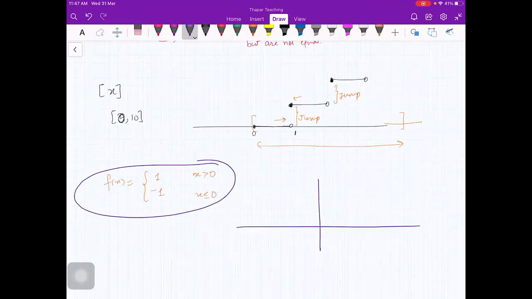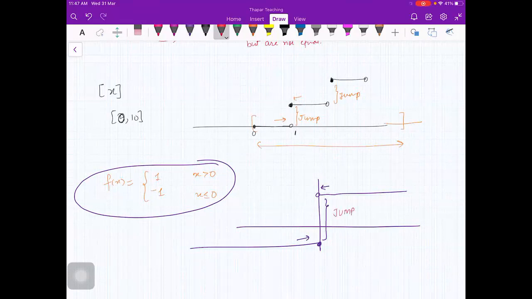So there are only finitely many points of discontinuity, whatever interval you take. And at 0 the discontinuity is that the left hand side limit exists, the right hand side limit exists, but they are not equal. So this is a jump discontinuity, and this is a piecewise continuous function on any interval. Clear?